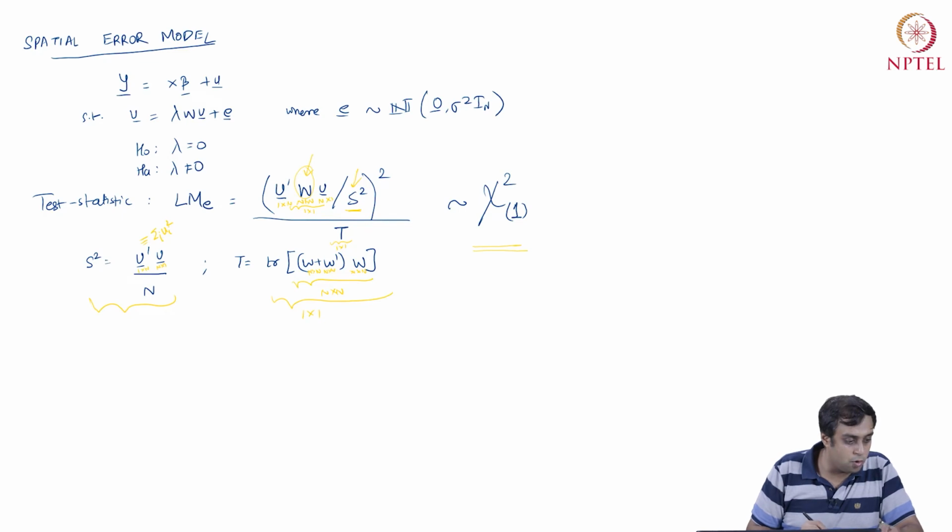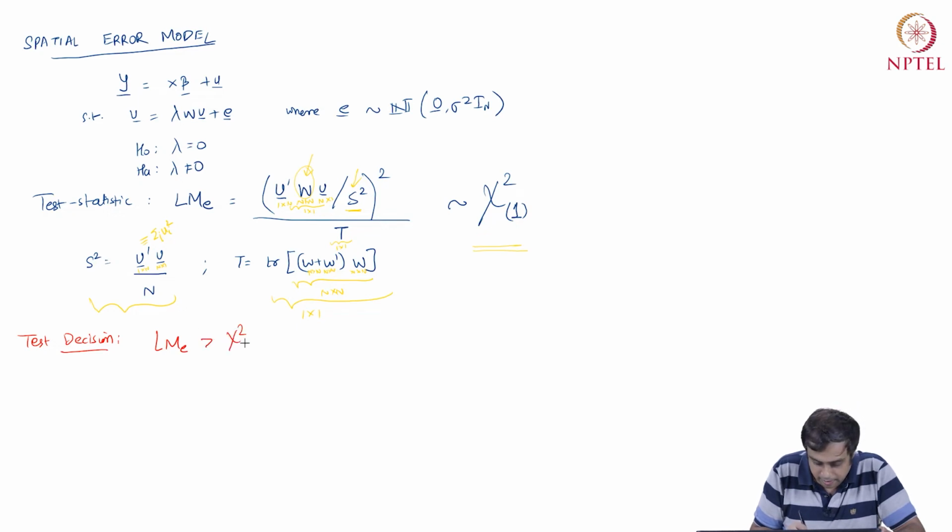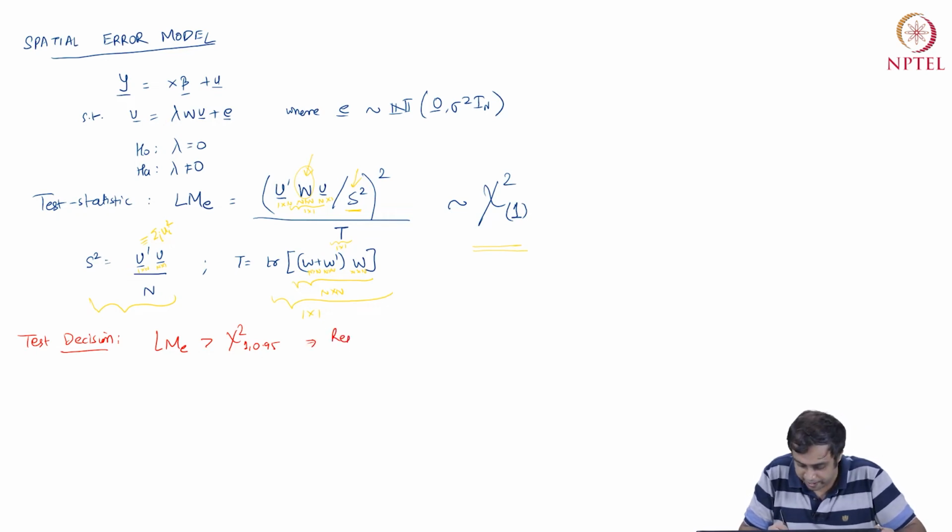Of course, what I need is a test decision. What is a test decision? Well, if LME is greater than chi-squared at 0.95, we say we reject the null hypothesis at 95% confidence.